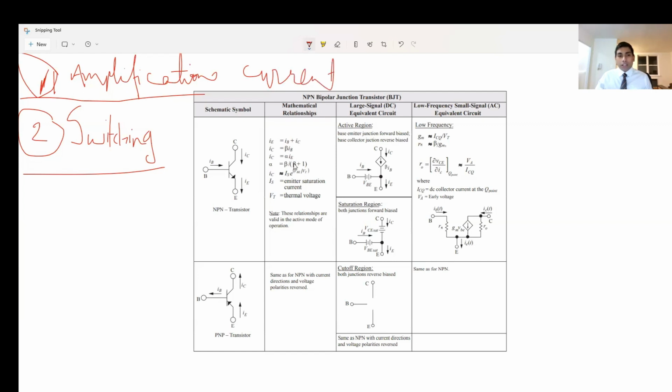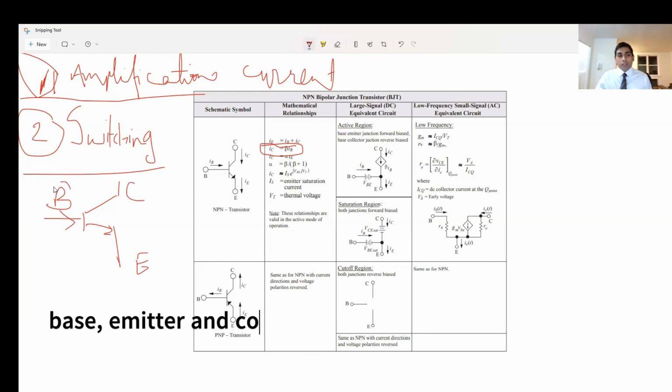And you can see in this equation itself, a BJT, as you can see over here, this is the base, this is the emitter, and this is the collector. Your input is applied to the base, and we are usually collecting an output from the collector or the emitter.